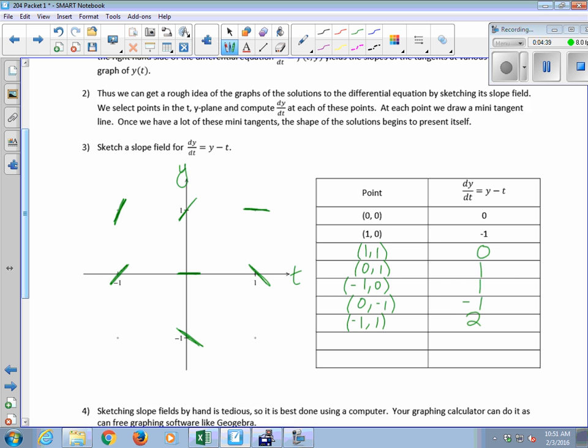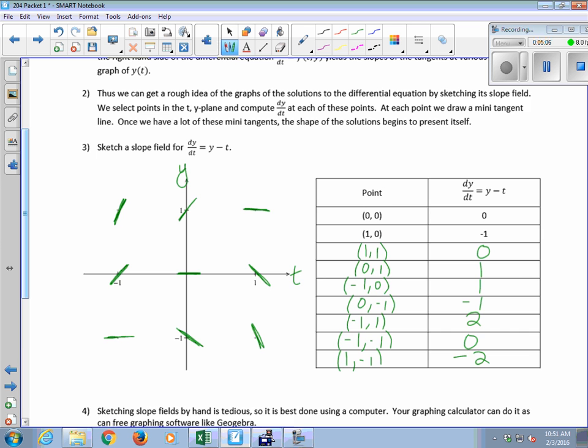And then (-1, -1), which is 0, a flat one here. And (1, -1): negative 1 minus 1 is negative 2, so a steep negative line. So that's the idea of how you create a slope field.